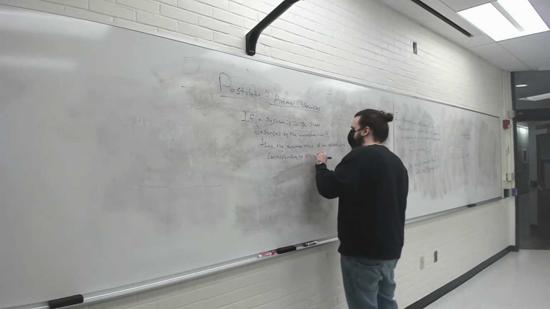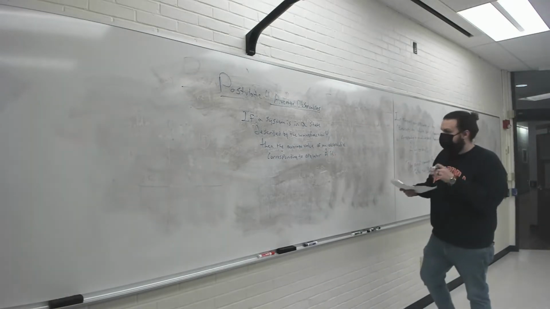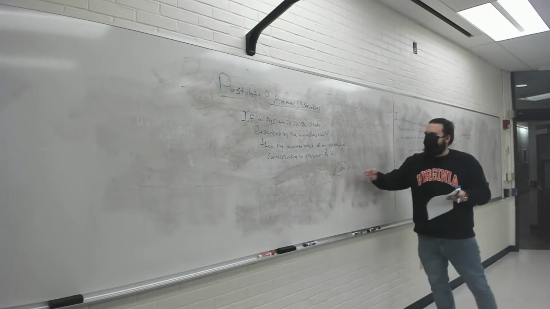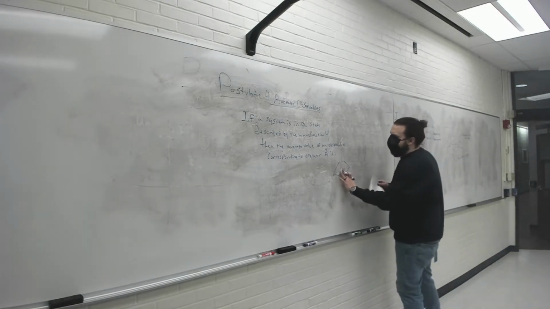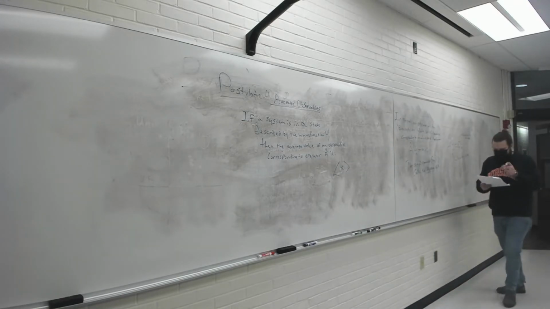So an observable corresponding to operator A is this. We write the average value in brackets. So here's our average value of A. Let's just say it's x for now, for example. We want to calculate the average position of something.